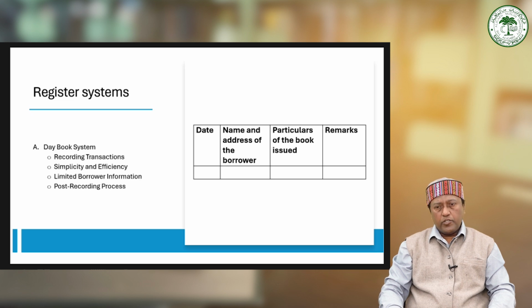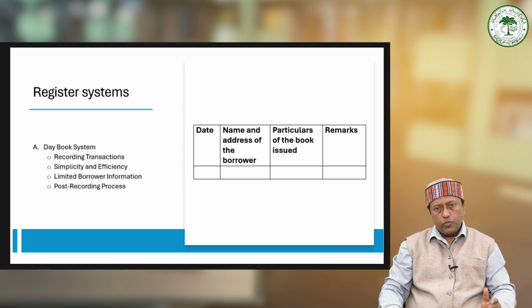In the early implementation of this daybook system, the detailed information about the individual borrowers and borrowed items had to be recorded. Here the most cumbersome process is writing the details of the user and the details of the document. So that will take a lot of time. Because in the card system, we have seen 2 cards are automatically prepared, either by the circulation or by the technical section.